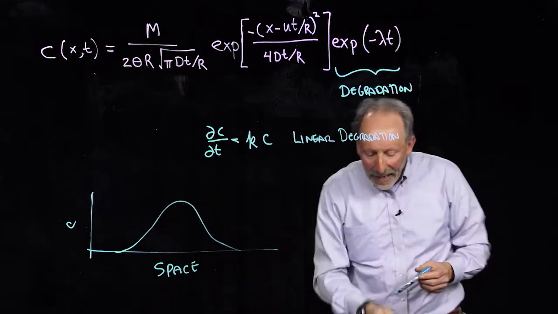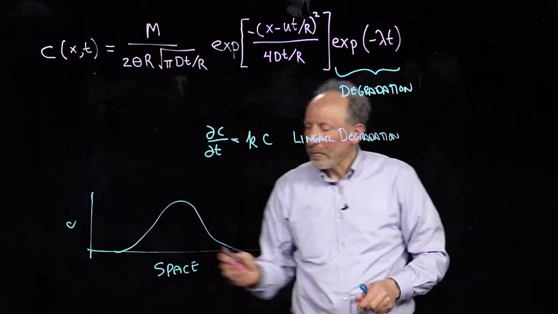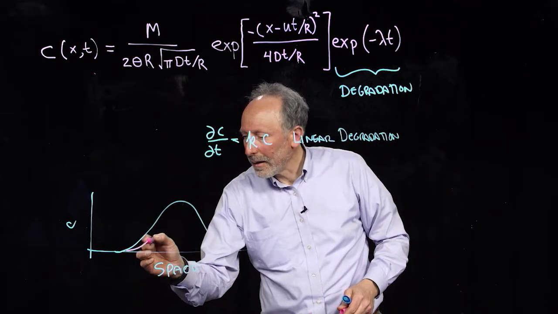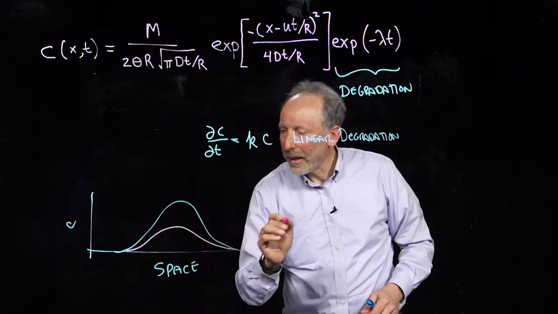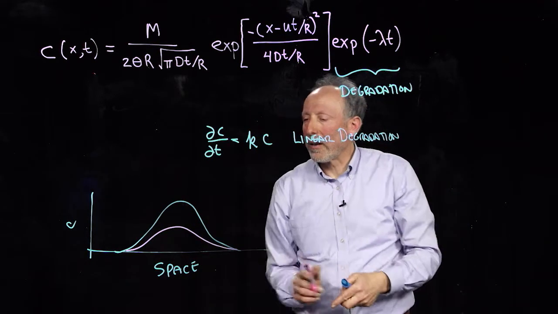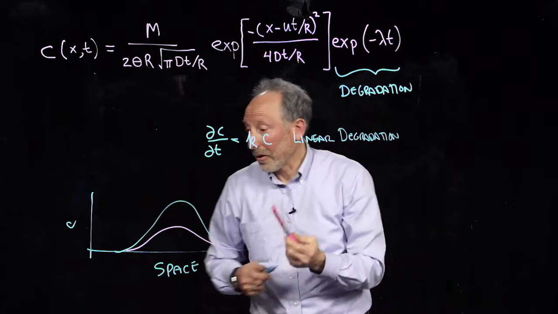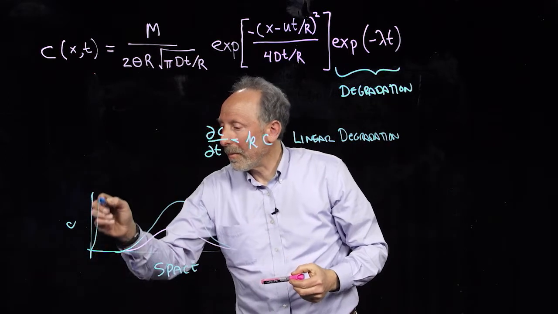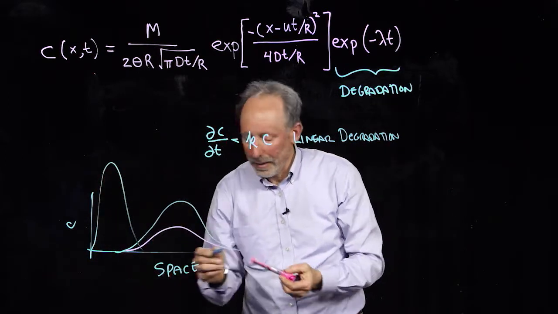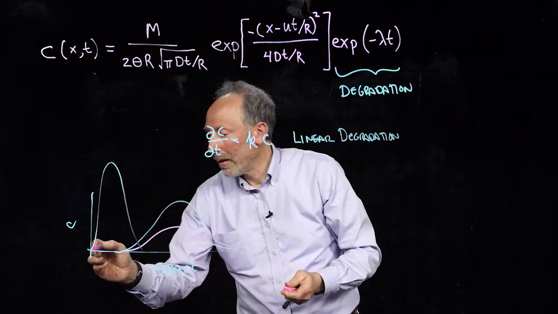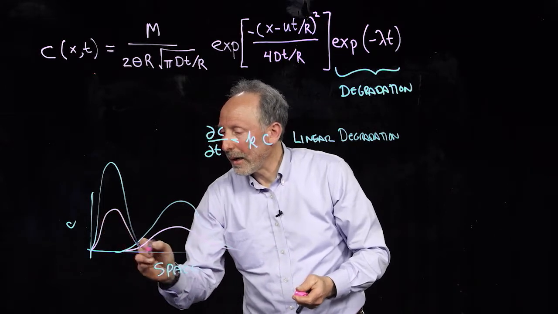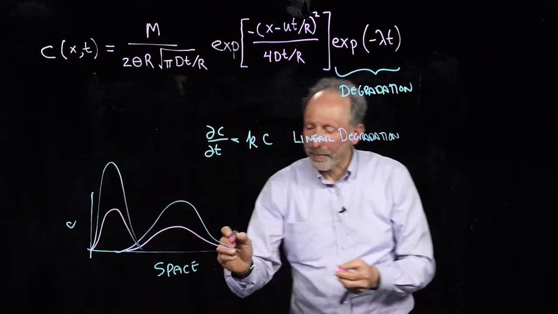And so if we had degradation, what it would say is that the degraded plume is just a linear multiplier of that concentration at an earlier time, when it may have been that the concentration was quite a bit higher. And similarly, the degraded plume would be a constant multiplier.